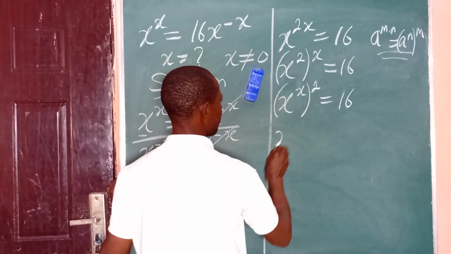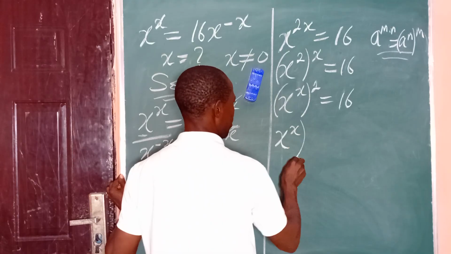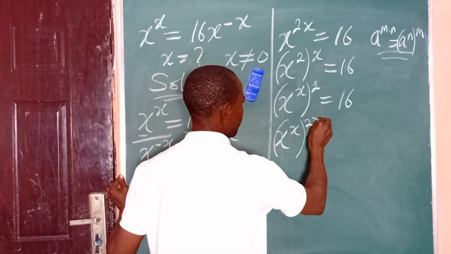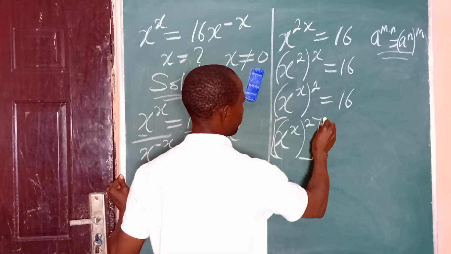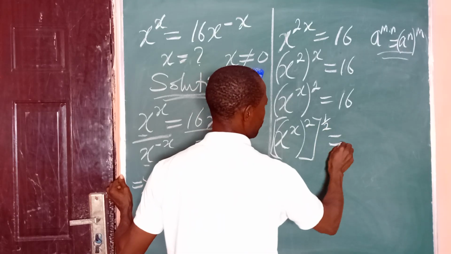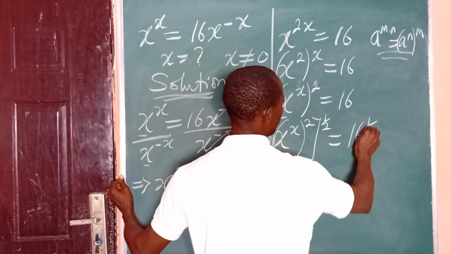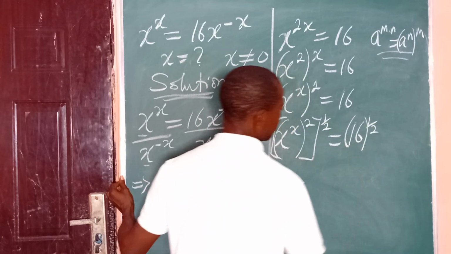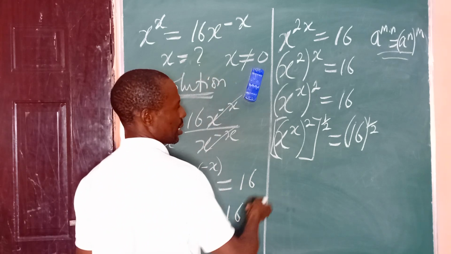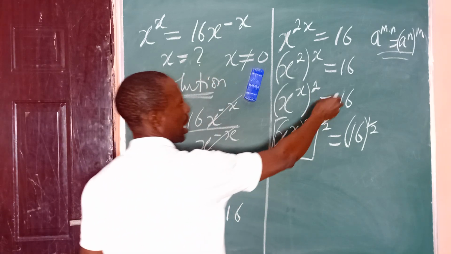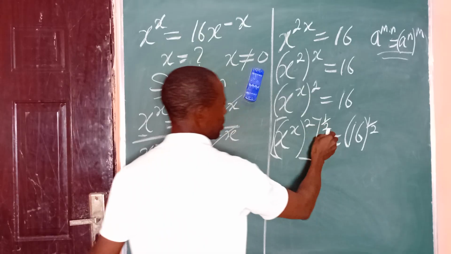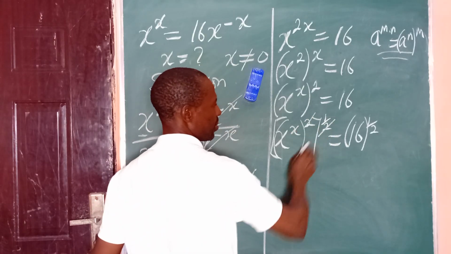So this gives us x to the x all raised to the power of 2, further raised to the power of 1 over 2. Then we equally raise 16 to the power of 1 over 2 also. According to this law, we can multiply the powers, and so this will go with this.